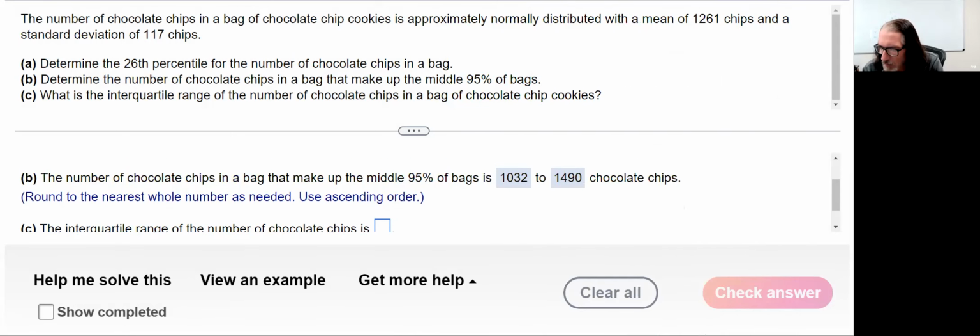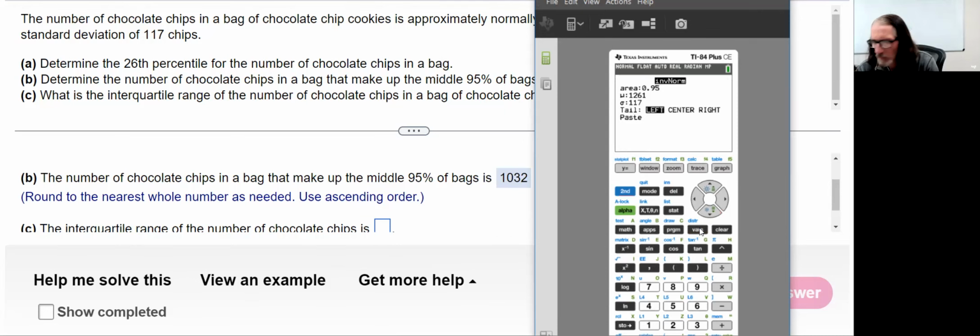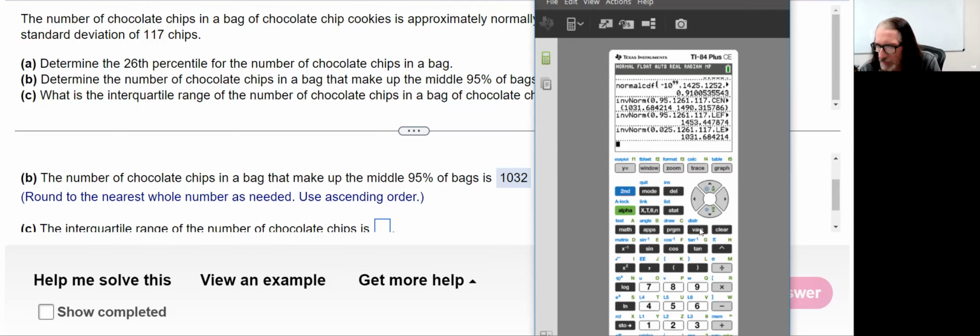No, I'm making something different. Oh, because I said that would be the lower 2.5% or 0.025. So I need to change that. Outside of 95% was 5, and because of the symmetry, split the tails in half and just go with the left tail. That when rounded is 1,032.